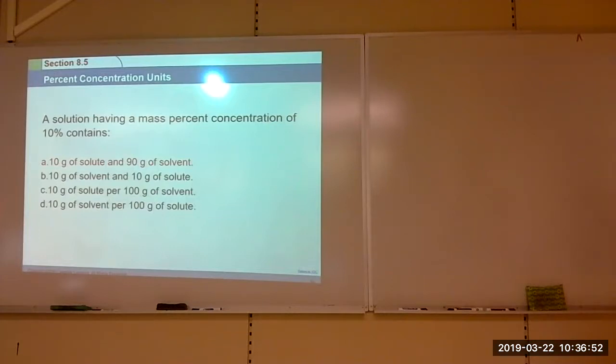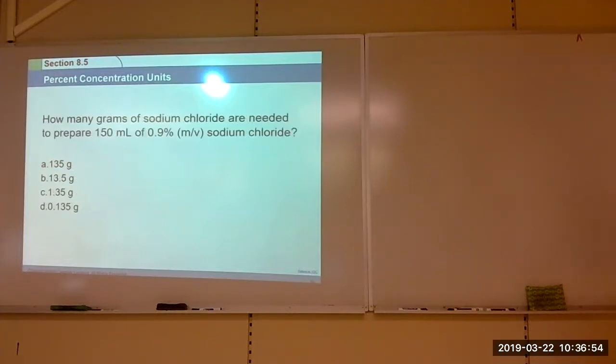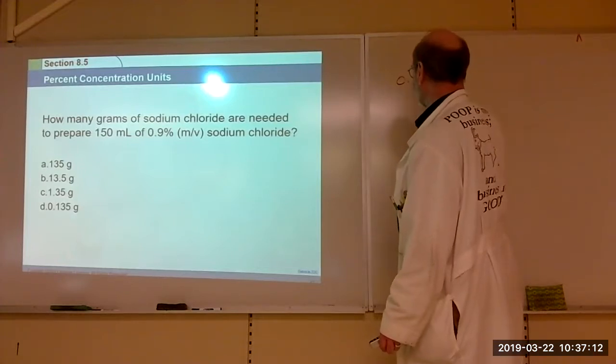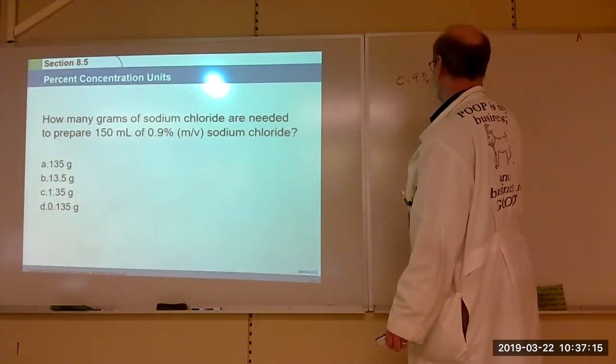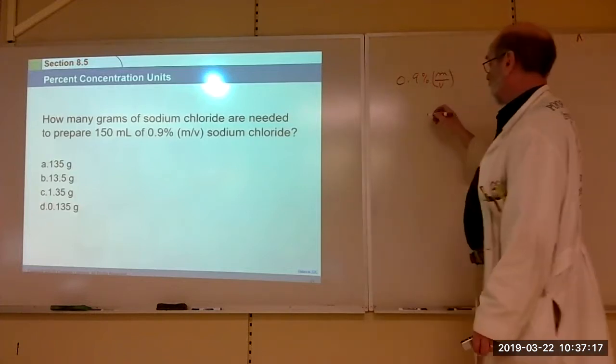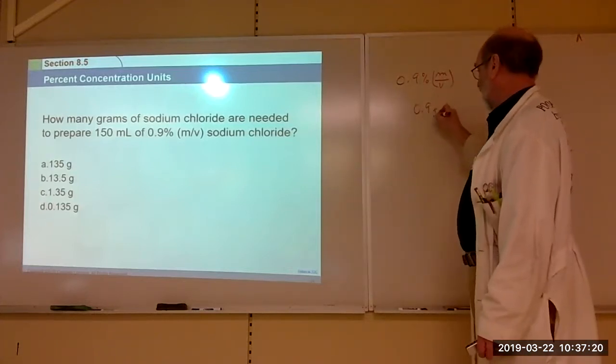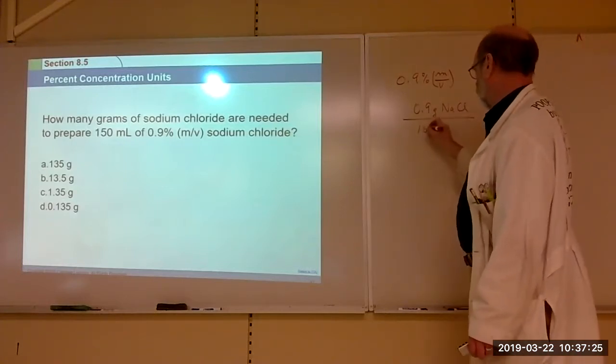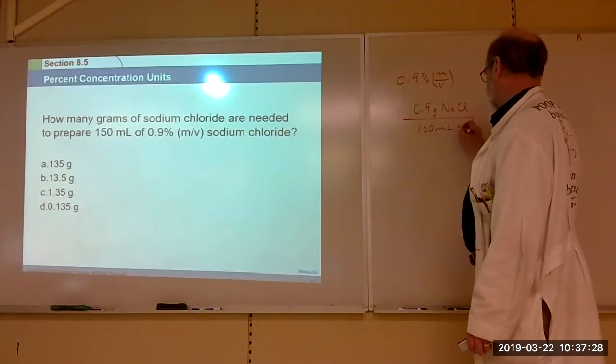Okay. So, okay, how many grams of sodium chloride are needed to prepare 150 milliliters of a 0.9% mass volume sodium chloride? So let's see, what does that mean? Mass volume. That means 0.9 grams sodium chloride per 100 milliliters of solution.